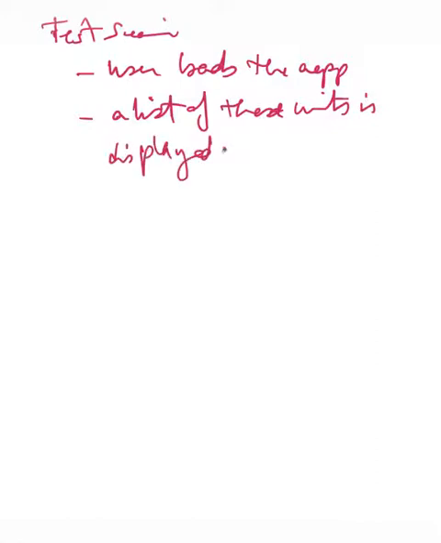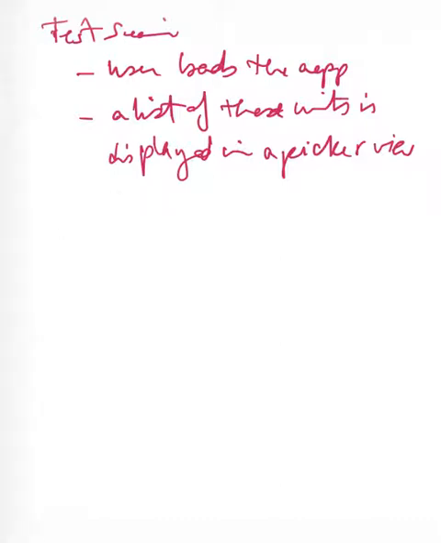So what would be the testing scenario here? This testing scenario will be, for this scope, user loads the app, a list of these units is displayed in a picker view. What are the units that we want to see?